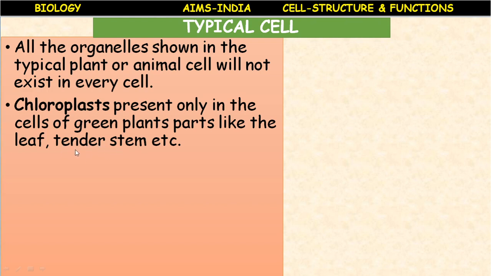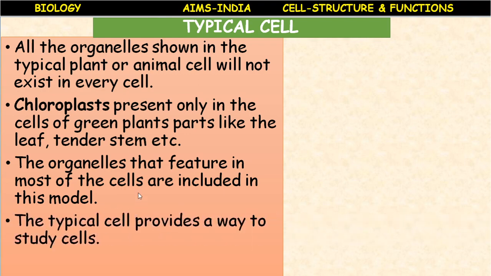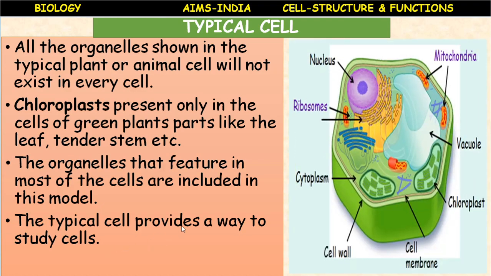Tender means green stem. But chloroplasts are not present in other parts like roots. That is the meaning. The organelles that feature in most of the cells are included in a typical cell model. A typical cell provides a way to study cells.